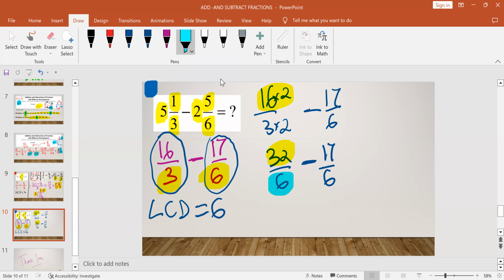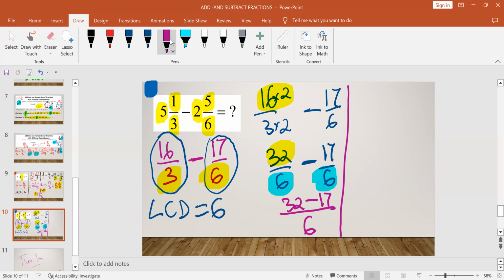Okay, so what we'll do is focus on the numerator. So we keep the 6, and we have 32 minus 17. Also, to do this subtraction 32 minus 17, you can check the video related to that to learn how to do subtraction between whole numbers. Okay, so to go fast, I can tell you that 32 minus 17 is 15.